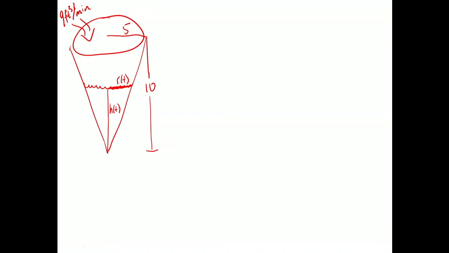In particular, the first fact that they give me describes how the volume of water changes. So volume seems to be a character here. So just for my own sanity, I might remind myself that V of t, which might be the appropriate letter, is the volume of water at time t.